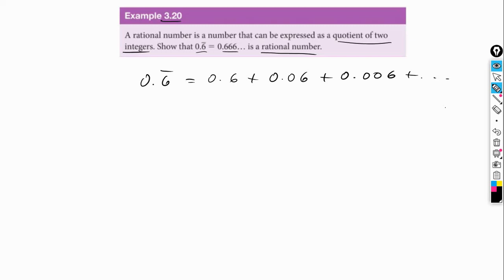Okay, but notice that this is the same as saying 6 over 10 plus 6 over 100 plus 6 over 1000, etc., right? So how can we express this in a different way?